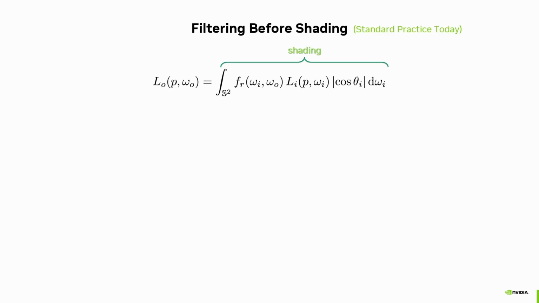So let's have a quick look at our well-known rendering equation. This is just one example, but here we have an integral that corresponds to shading. We have incoming light directions. We have a reflectance function. However, the reflectance function itself is typically spatially varying. It depends on, for example, textures.